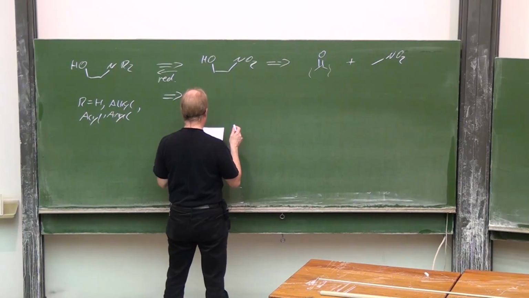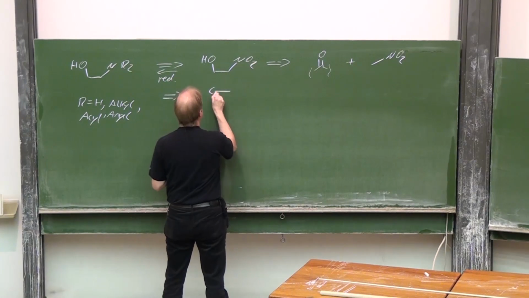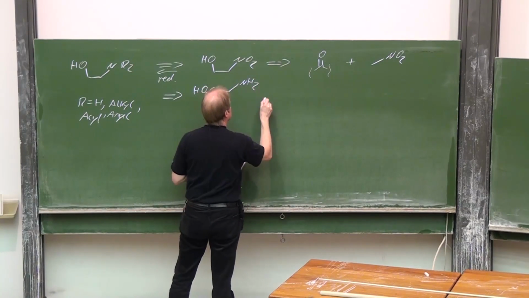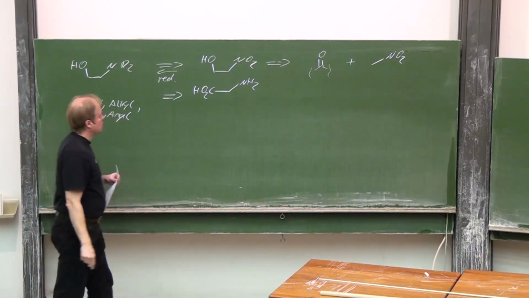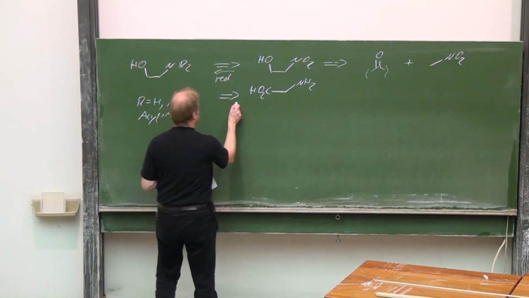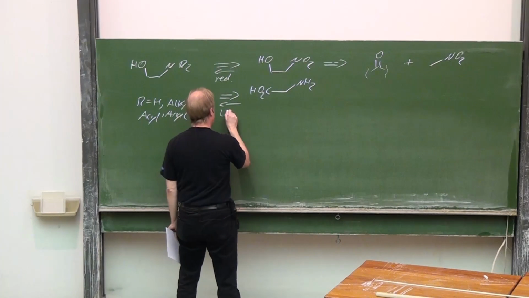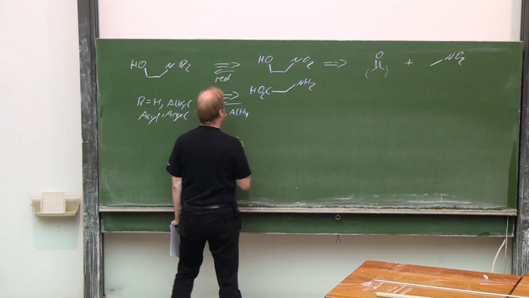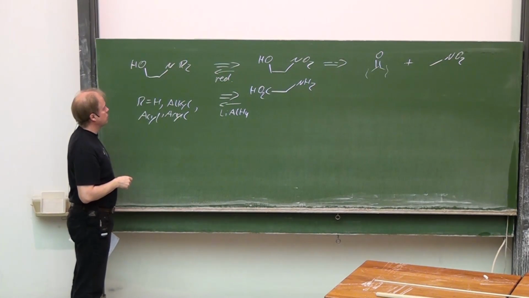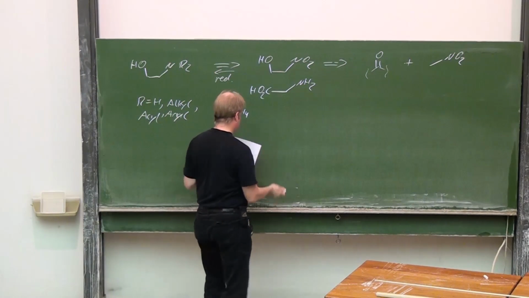Alternatively, we could start from an amino acid and reduction with lithium aluminum hydride will deliver the corresponding 1,2 amino alcohol.